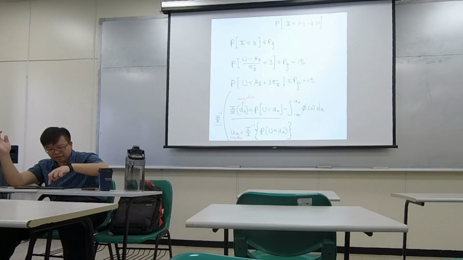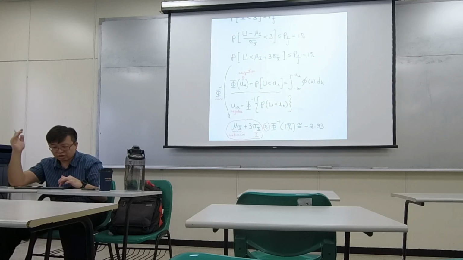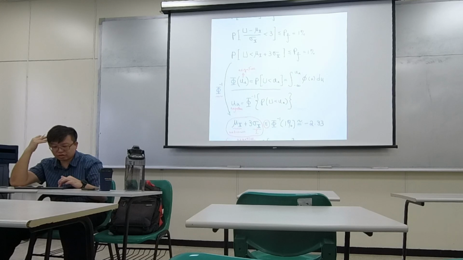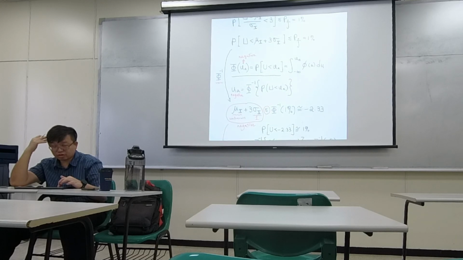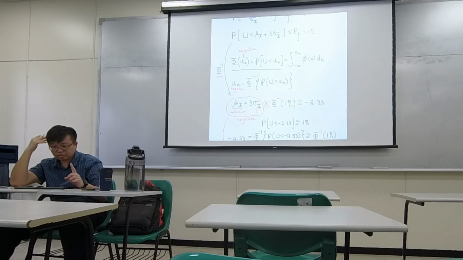So this chunk must be larger than 3. Probability in the standard normal space. The cutting point.